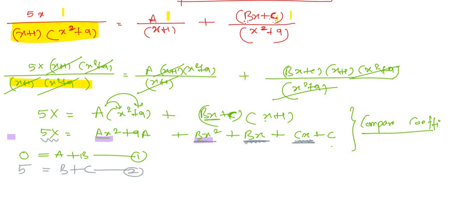What is third that I can compare is the constant, which is 9A, and here is C, and here is no constant. So can I write 0 is equal to 9A plus C. This is equation 3. So that's how we got 3 equations.